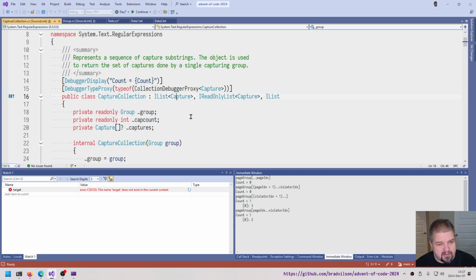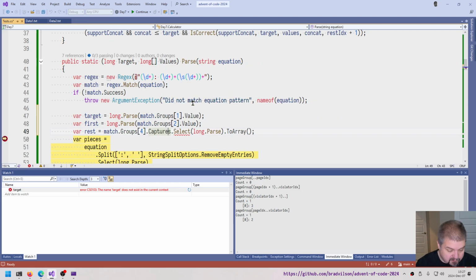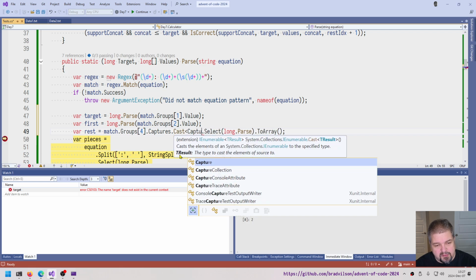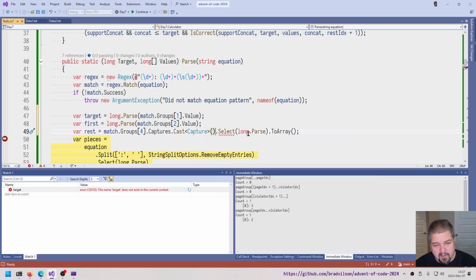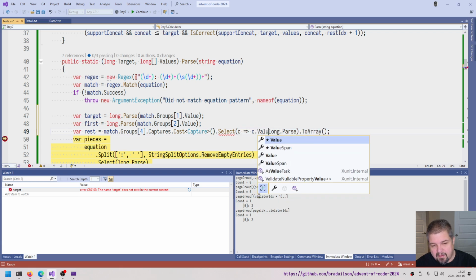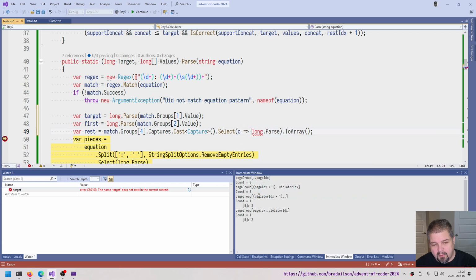And a CaptureCollection is a list of captures, but because the IEnumerable isn't generic, we need to convert that into a Capture. So we're going to do Cast<Capture>. And then we're going to select the value for our long.Parse.